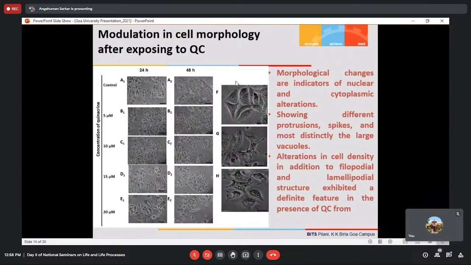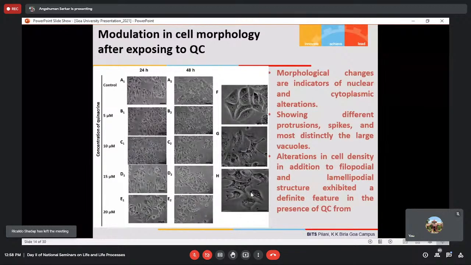This is how the cell morphology gets modulated after exposure to quinacrine. Here you can see the morphological changes very precisely, the formation of this kind of specific protrusion in the cells. And then you can see the spicules that have formed inside the cell around the nucleus.